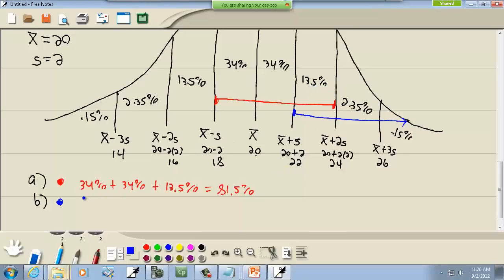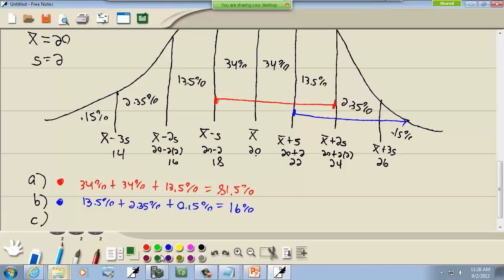So I'm going to add together the 13.5% plus 2.35% plus the 0.15%. Do that here. 13.5 plus 2.35 plus 0.15. Of course, there's still a margin of error assumed with this that I'll type it in wrong into the calculator. That gives us 16%.